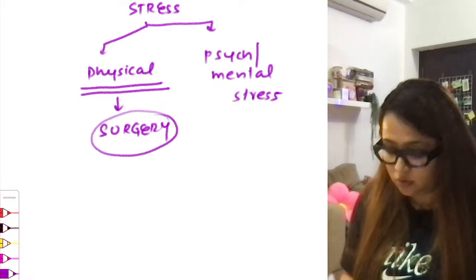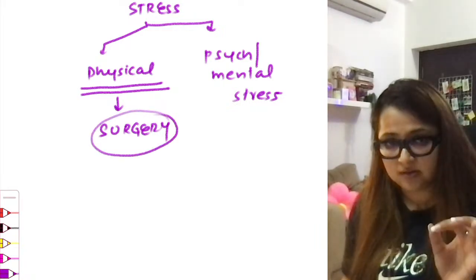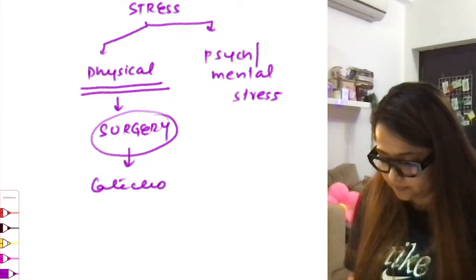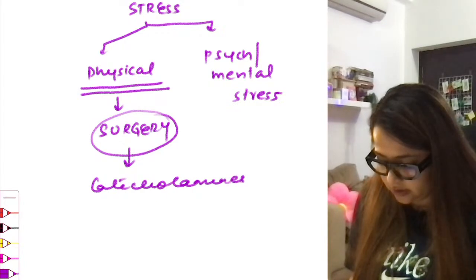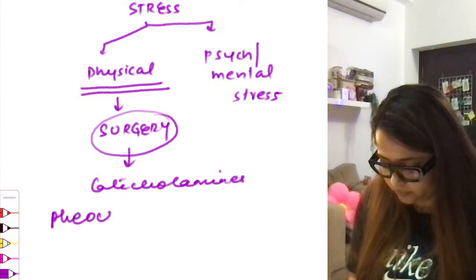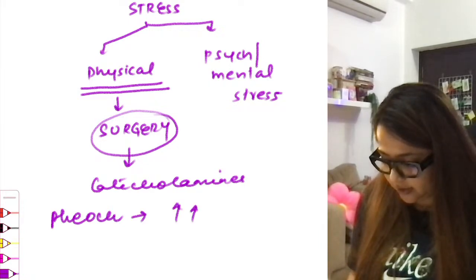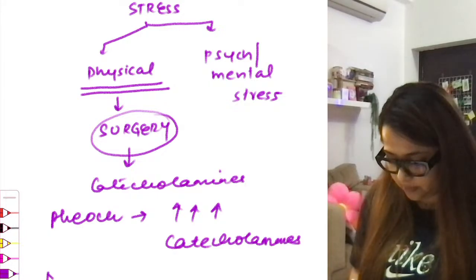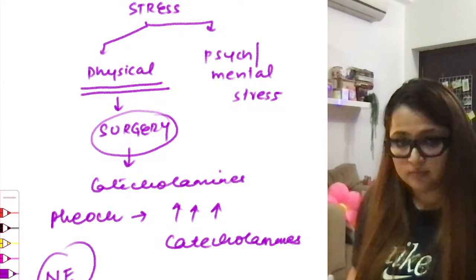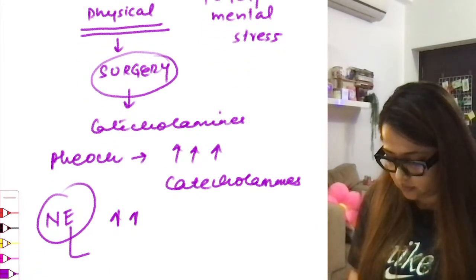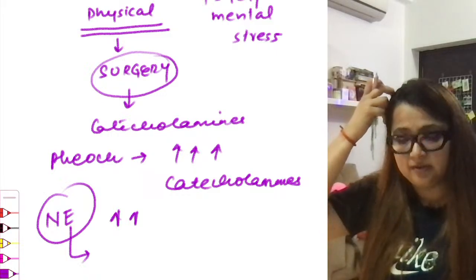Now, what should happen normally? As it is a physical stress, catecholamines are released. Normally also catecholamines are released, but if the patient is already having pheochromocytoma, a catecholamine surge will be seen. A huge amount of catecholamines will be released, for example norepinephrine.